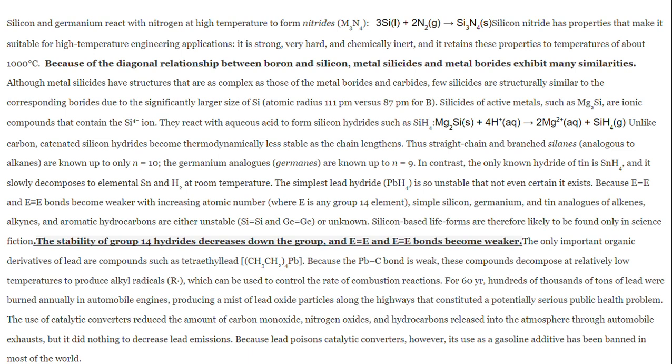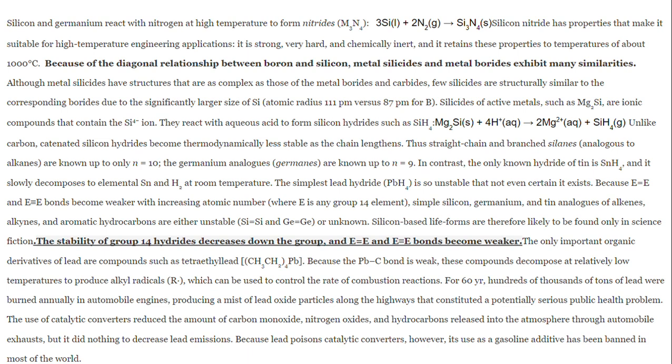In the case of the hydride of lead, PbH4, it is so unstable that it is not even certain whether it exists, because E=E or E≡E bonds, where E is any group 14 element, become weaker with increasing atomic number.